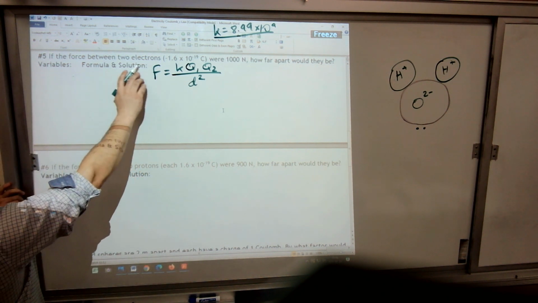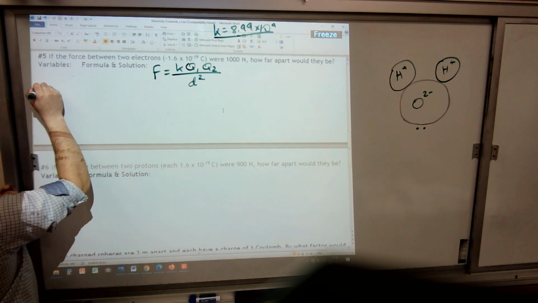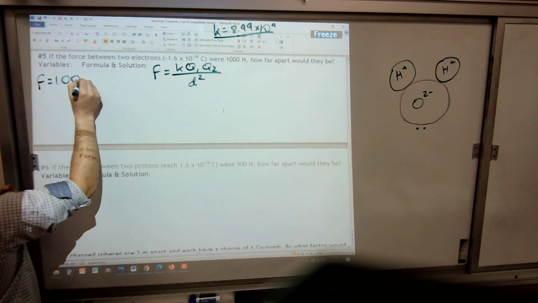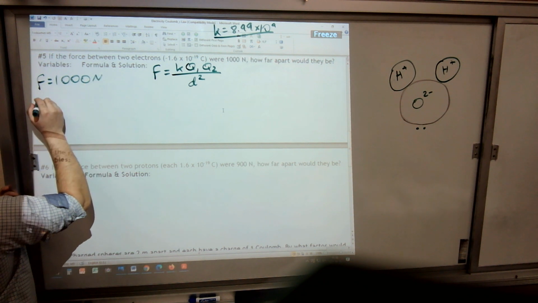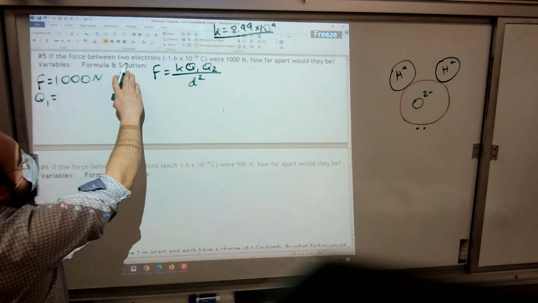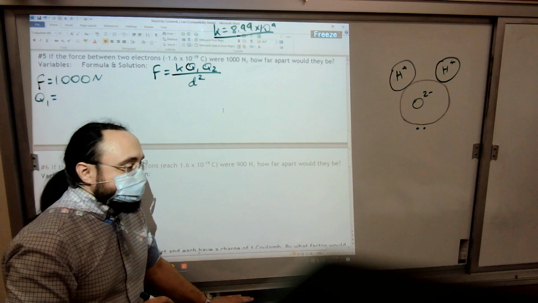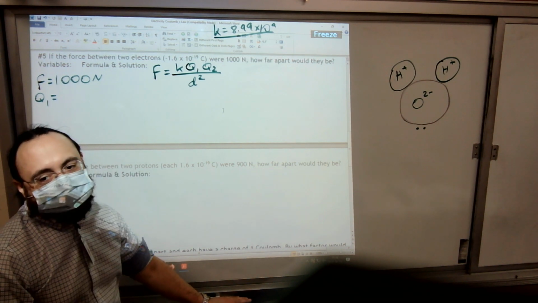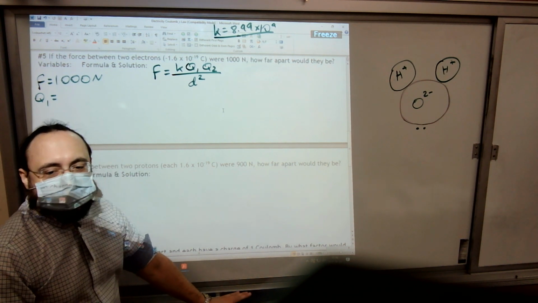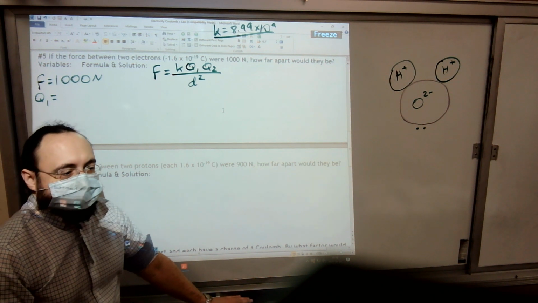It says that the force between those 2 electrons was 1,000 newtons. I keep writing 100 with this also. Force is 1,000 newtons. Now you have to be careful reading this. Like y'all's first question on your assignment today says 2 scholars each had a candy wrapper and gave it a charge of so-and-so.